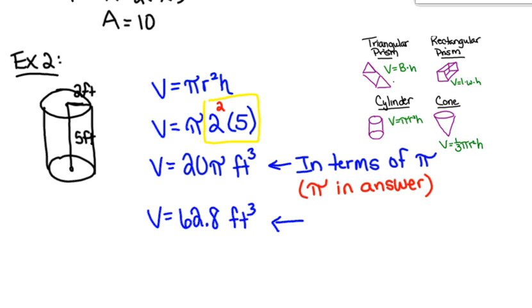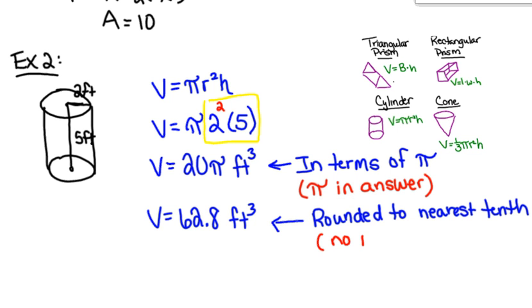So again, that would be when rounded to the nearest tenth. And again, that means that there is no pi in my answer. So those formulas with the pi's in them can be a little bit tricky depending on whether they want it in terms of pi or whether they want you to round your answer.